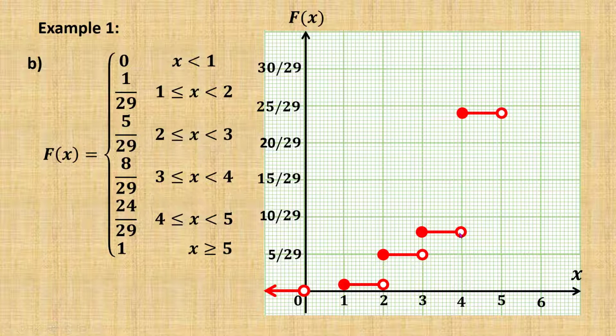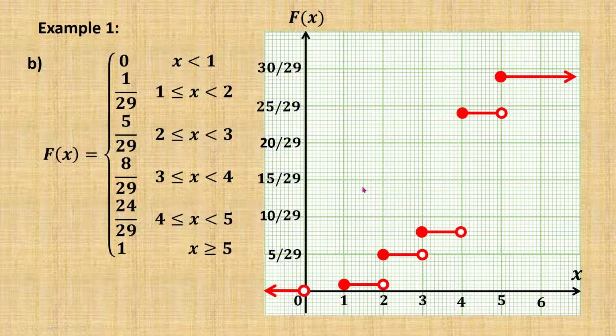And when x is in the interval 4 to 5, including 4 but not including 5, the cumulative probability is 24 over 29. And finally, when x is greater than or equal to 5, the cumulative probability is equal to 29 over 29, which is equal to 1.